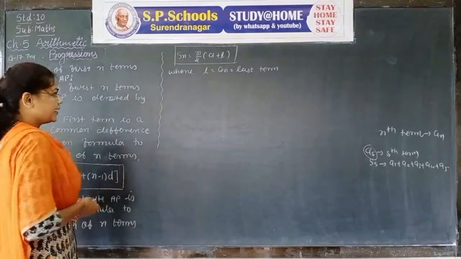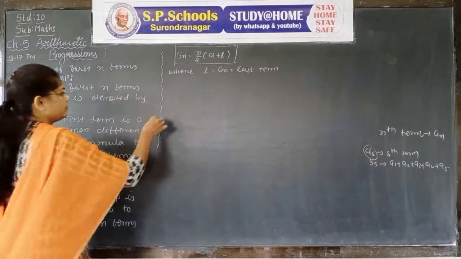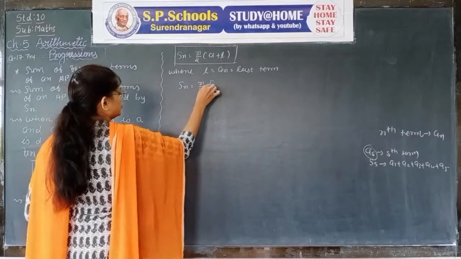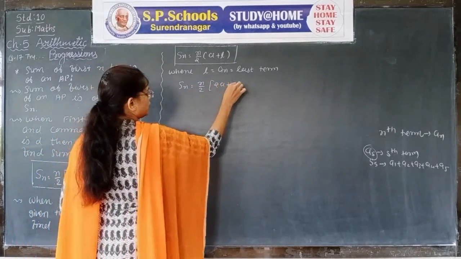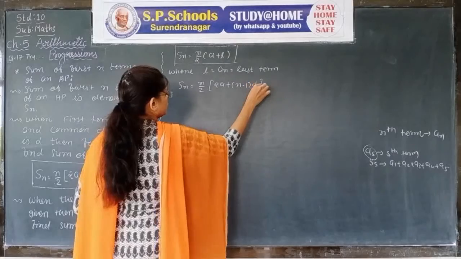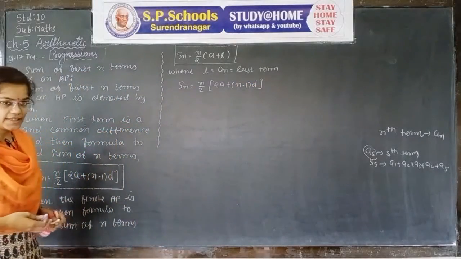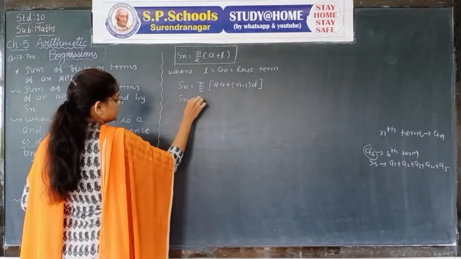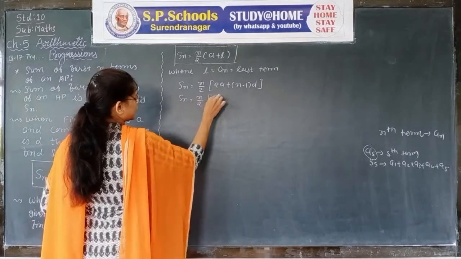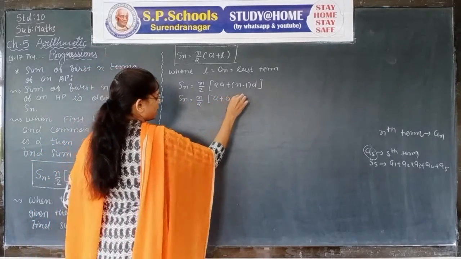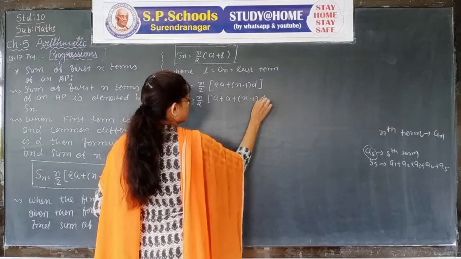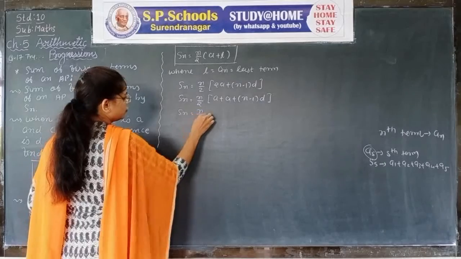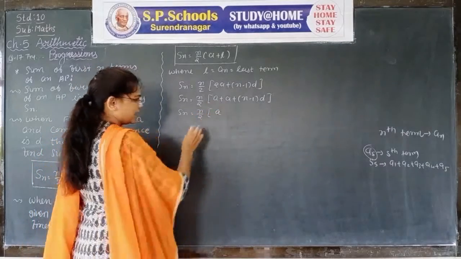Now the second formula is obtained from the first one, Sn equals n upon 2 into bracket 2a plus n minus 1 into d. How to obtain Sn equals n upon 2 into bracket a plus L? Split it: Sn equals n upon 2 into bracket a plus a plus n minus 1 into d. Keep the first a as it is.